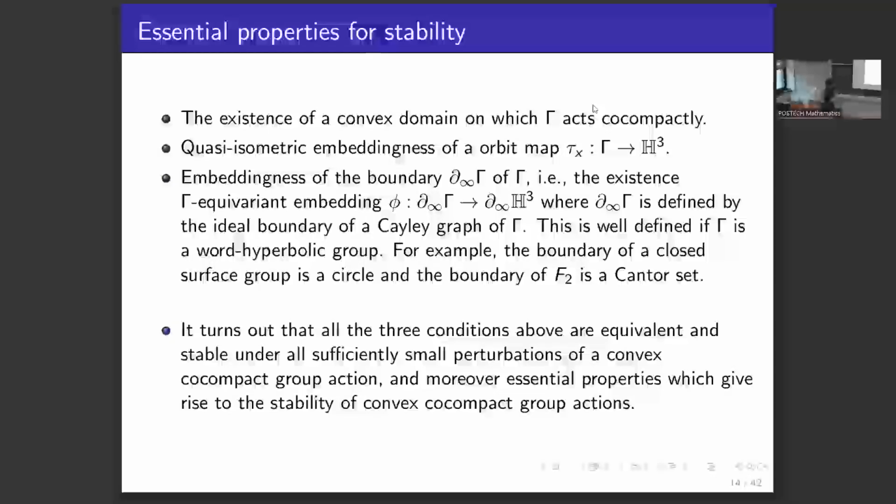That means that for all sufficiently small perturbations of the convex co-compact group action, you still have an injective homomorphism. Furthermore, every injective homomorphism near the convex co-compact group action is again a convex co-compact group action. So it preserves some geometric property.